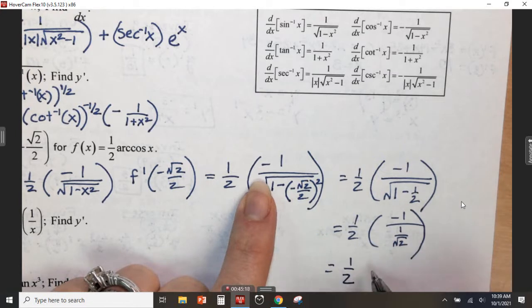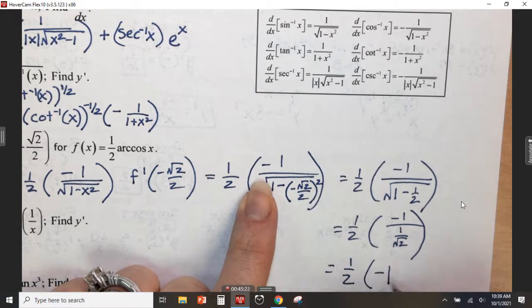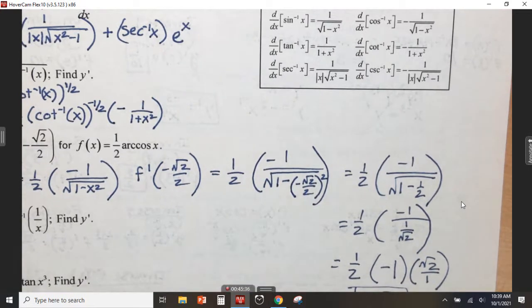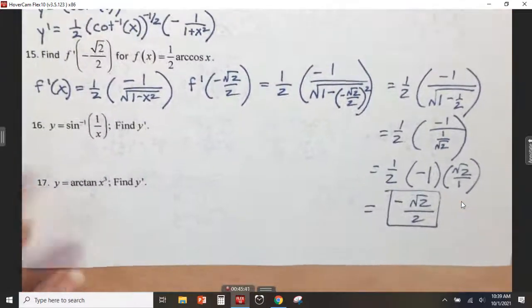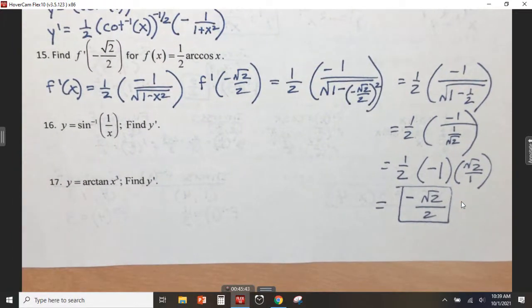So 1/2 times negative 1 times square root of 2 over 1. Negative square root of 2 over 2. Oops. Yep, sorry. We doing okay?